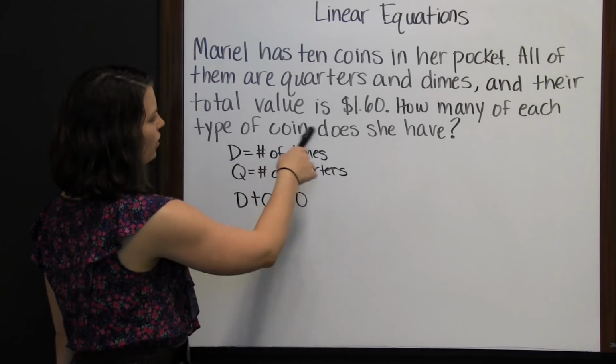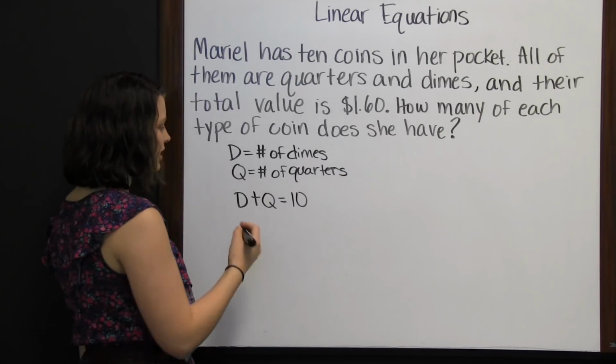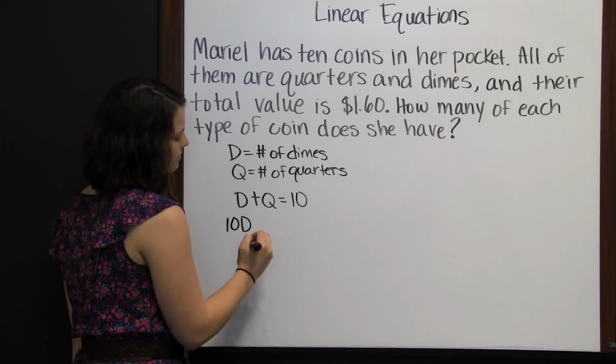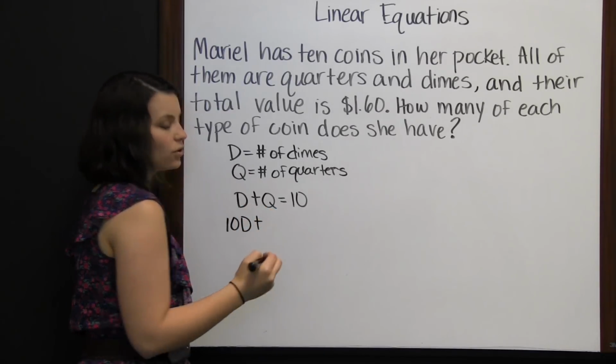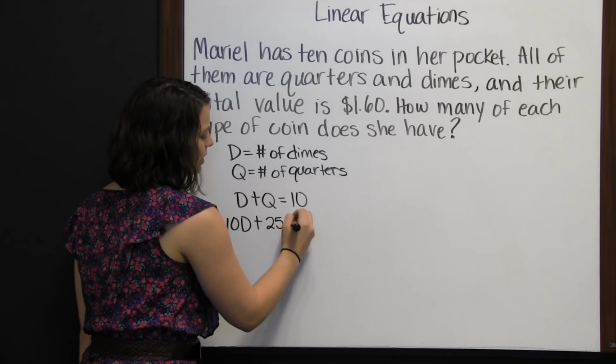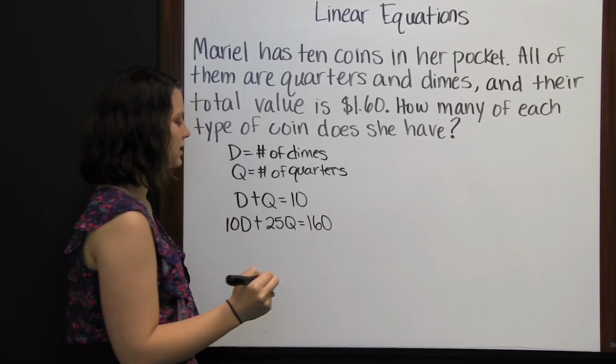Next, we're told that the total value is $1.60. Well, dimes are worth 10 cents. So 10 times however many dimes she has, plus quarters are worth 25 cents, so 25 times however many quarters she has will give us a total of 160.